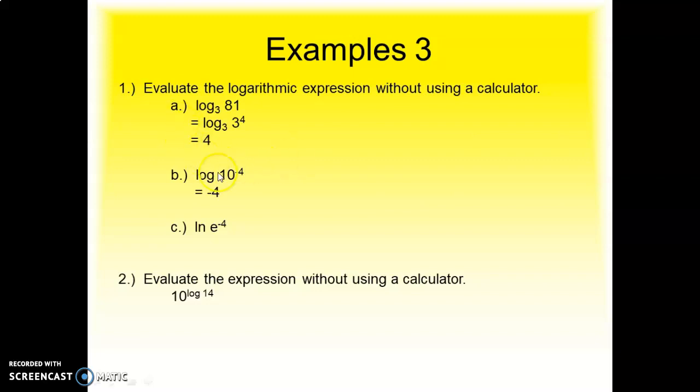Now this one, log base 10: 10 to what power is equal to 10 to the -4th power? That power is -4. Here, remember, the base of natural log is e, so e to what power is equal to e to the -4th? That's just equal to -4.